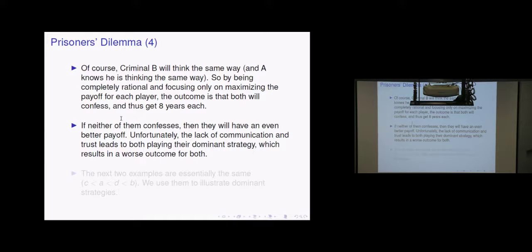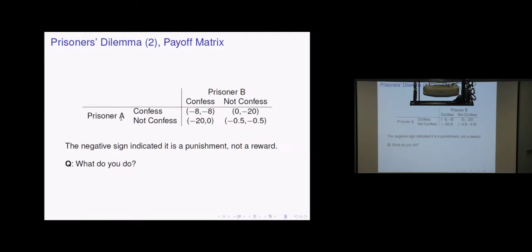I didn't mention this, but if you have a dominant strategy, look at the first row. This entry for player A is bigger than this one, and this entry is bigger than that one. So the first row completely dominates the second row, and for player A, the first row is better.